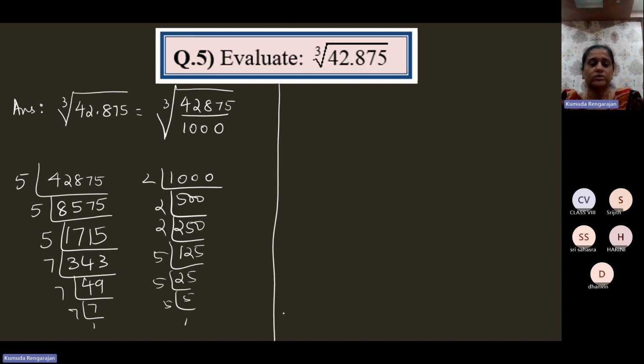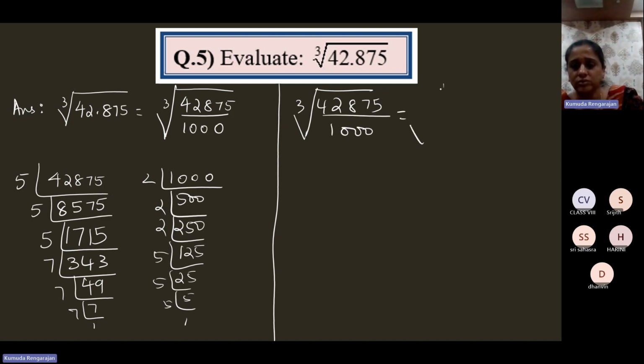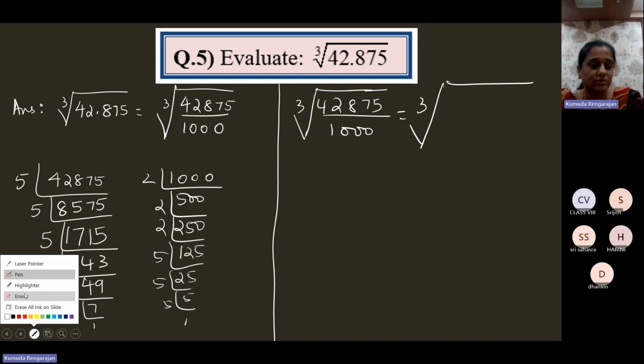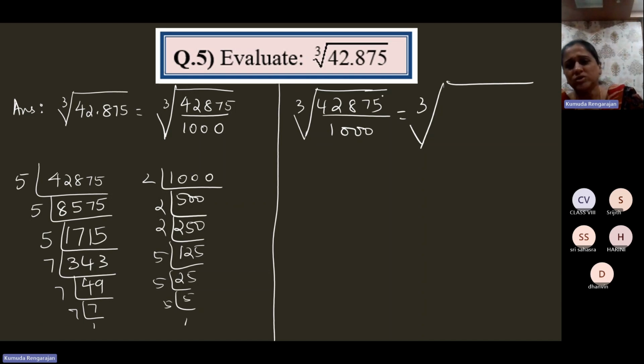Okay, so this is how we start. Now after this, cube root of 42875 by 1000 is equal to cube root of... Let me write this as the first step. Or now that you use it, you can directly write the step also. You don't have to write that and then repeat.